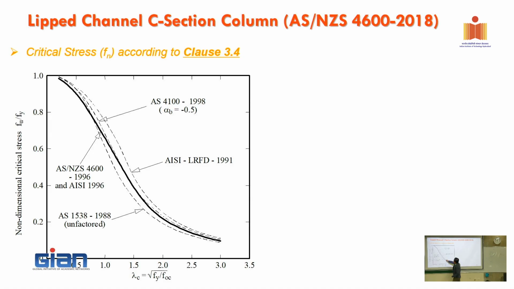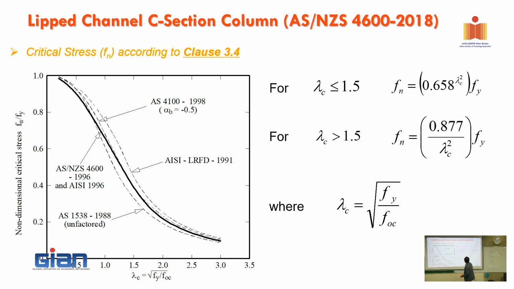When you go up here, close to 1, it means that you're approaching the yield. All right, the yielding in here, and in here, there's the inelastic range. So it clearly shows in your equation. From 1.5, this is the ratio, lambda c, to here, then you need to use that equation. Okay?